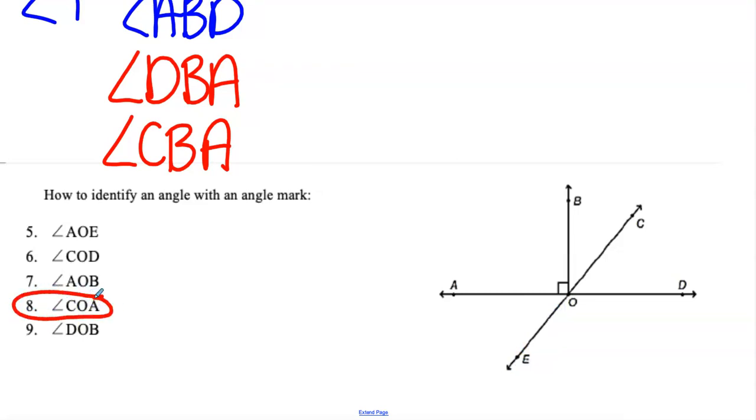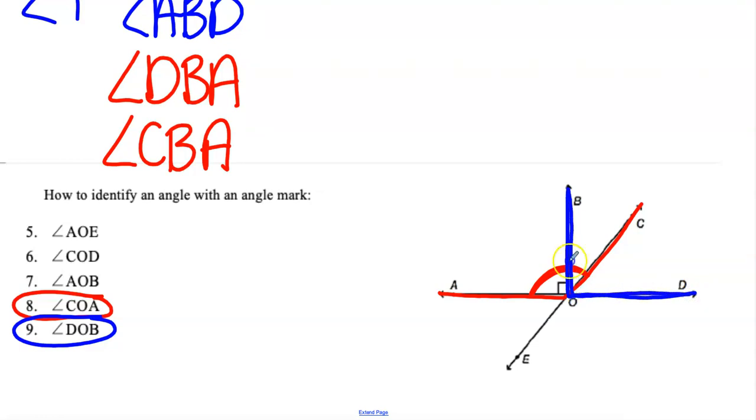COA, COA would be these 2 angles together. So it's this angle and this angle, the total together. And then lastly, in blue, I have DOB.